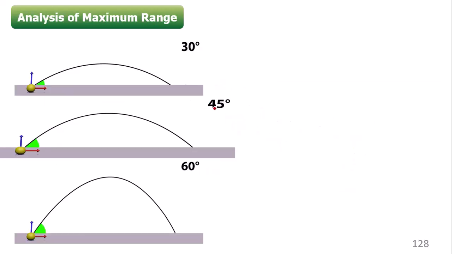So next is the analysis of the maximum. You say that R equals u square sine 2 theta by g. Now let us say there are two projectiles. One is projected with a velocity of u at this point A. Another projectile, B, is projected with the same velocity u, but this angle, let us say, is alpha and this angle is beta.